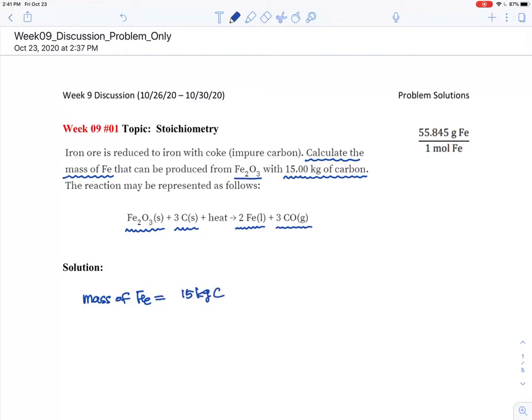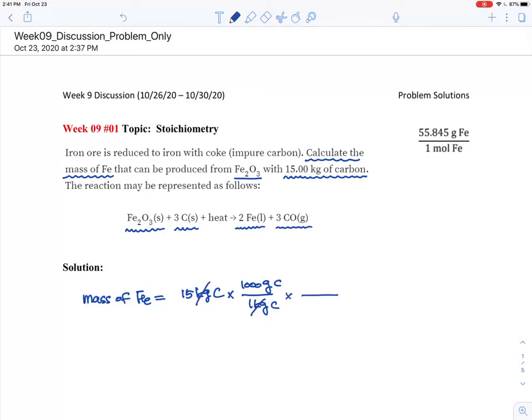Okay, I want to change the carbon from kilograms. 1 kilogram is 1,000 grams of carbon, so that I don't have to deal with the kilogram, just grams.